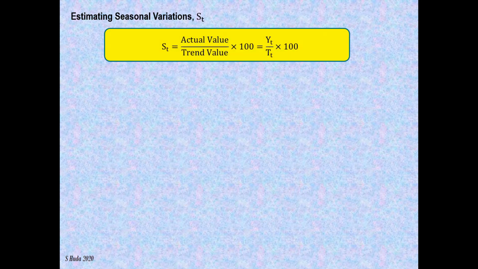After you calculate the trend and know how to plot the trend line, recall that the aim of time series analysis is to predict the future value. So the next step is to estimate seasonal variation. How to estimate these values? We use this formula: actual value over trend value times 100.